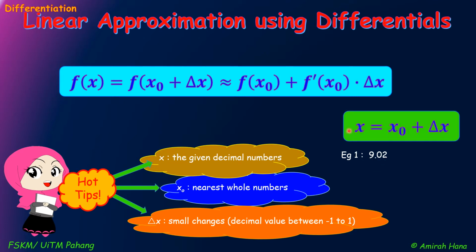From the formula x equals x naught plus delta x, we can write 9.02 equals 9 plus 0.02. 9.02 is x, the given decimal number. 9 is x naught, the nearest whole number. The nearest whole number for 9.02 is 9.